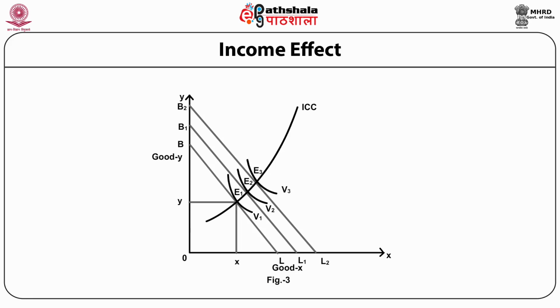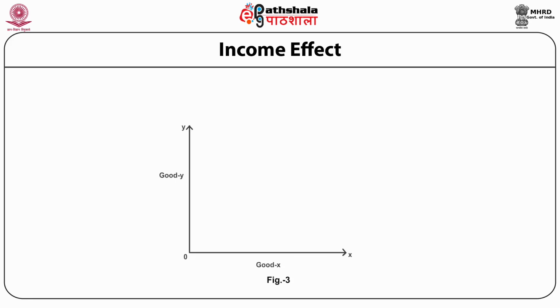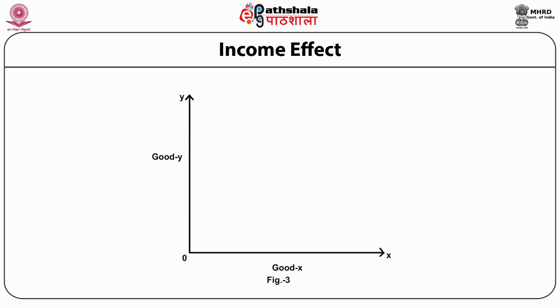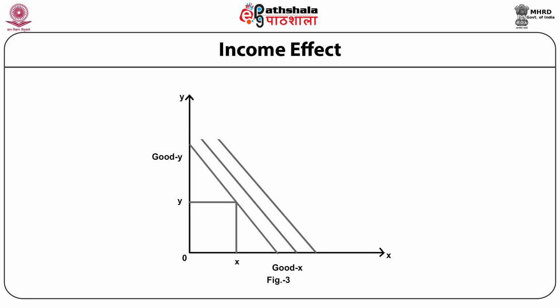Similarly, income effect for a good is called negative if, with an increase in income, the consumer consumes less of that good. The good which has a negative income effect is called an inferior good. Example, bajra, millet, etc. So, in the case of an inferior good, their demand falls with an increase in the income of the consumer.